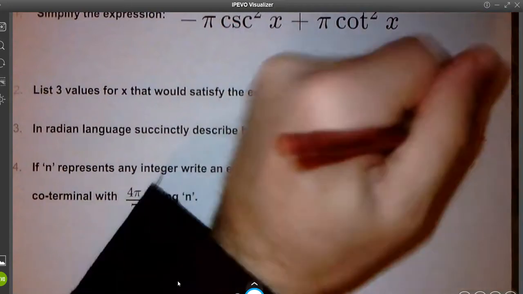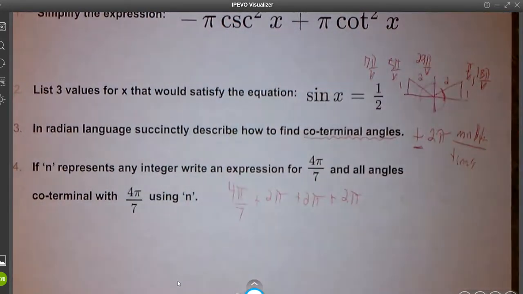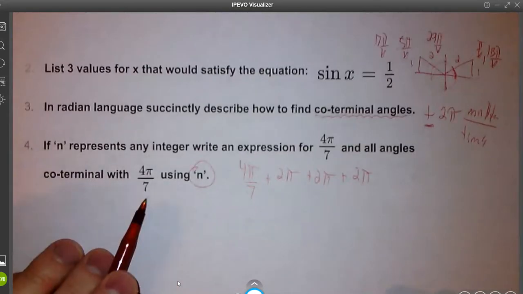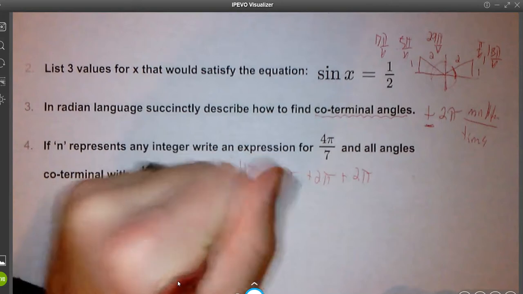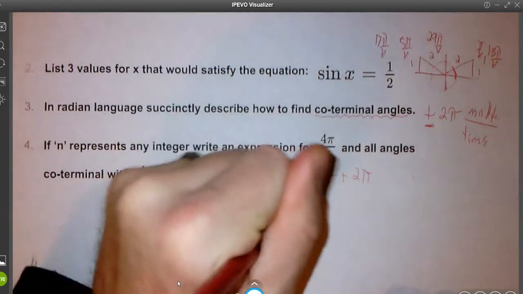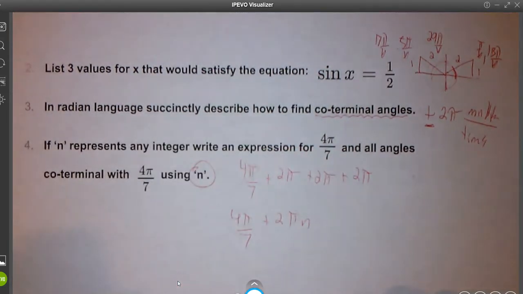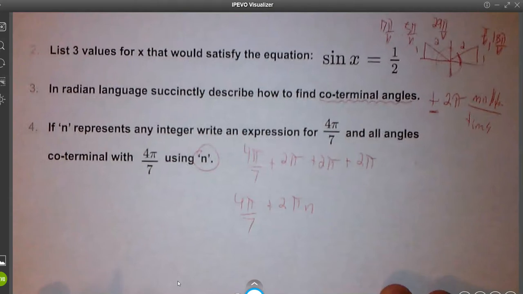That multiple number of 2 pi's, we are going to use an n for. So if I wanted 4 pi over 7 and all the possible coterminal angles with 4 pi over 7, I could write 4 pi over 7 plus 2 pi n, where n is an integer. From now on, that's kind of an understanding in this class and in math classes in general.